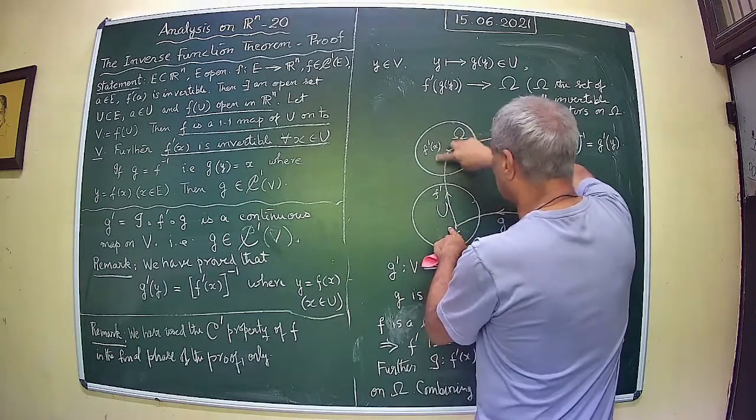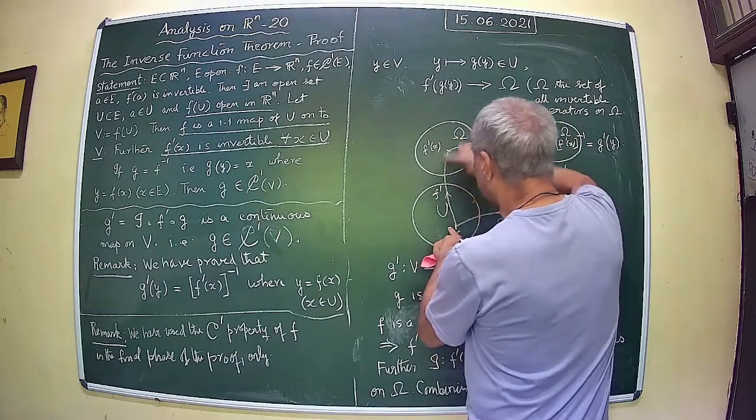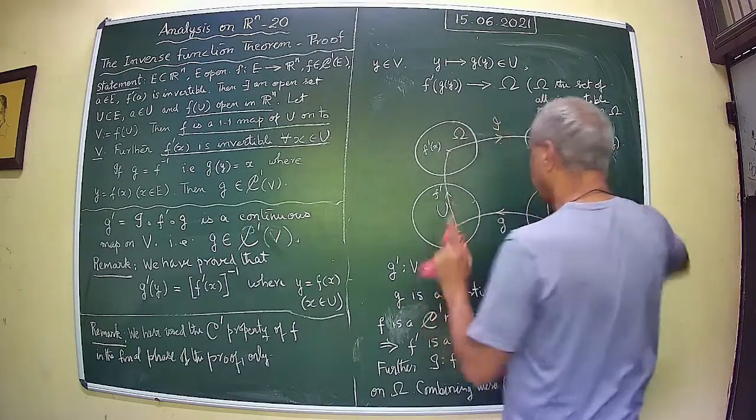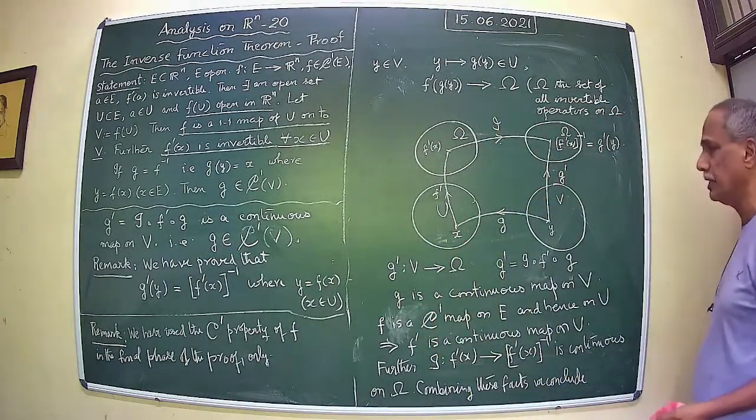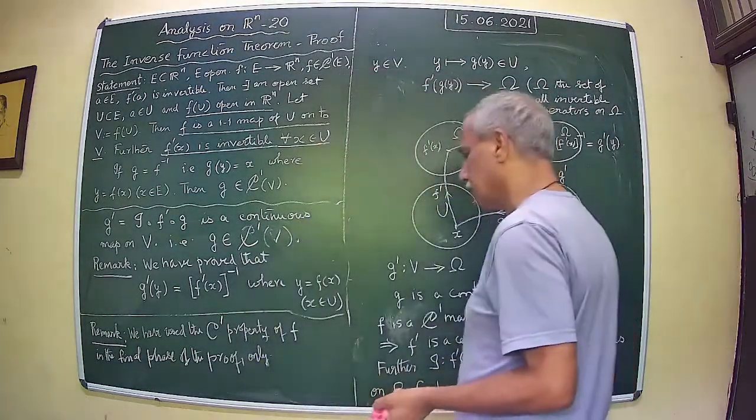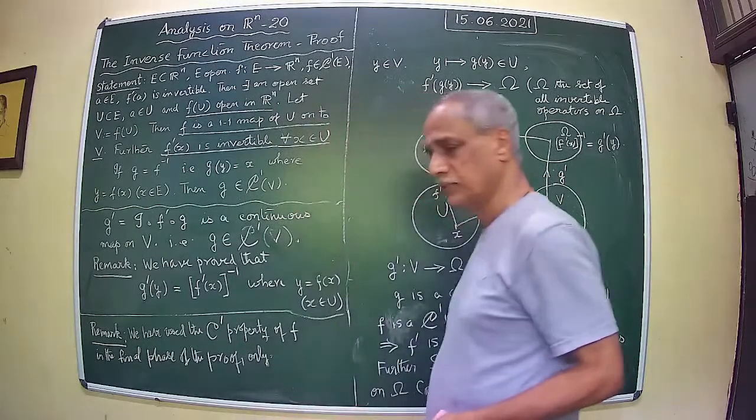We wanted to use the continuity of this F prime, that is x to F prime x. This particular map is continuous. That means F is C1, and that is where we have used it. Okay, so that completes the proof of this.